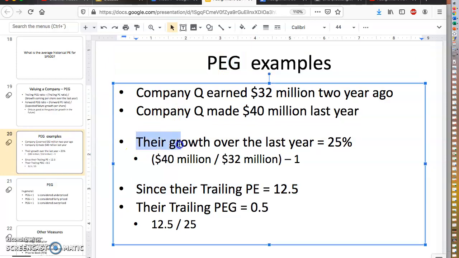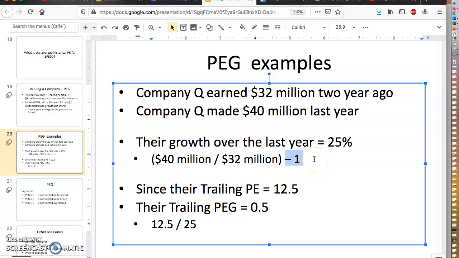If they made $32 million 2 years ago, and then they made $40 million last year, that means they're growing. The way you calculate that growth from 32 to 40, they grew 25%. The math is right here. It is last year divided by 2 years ago, and then you minus 1.